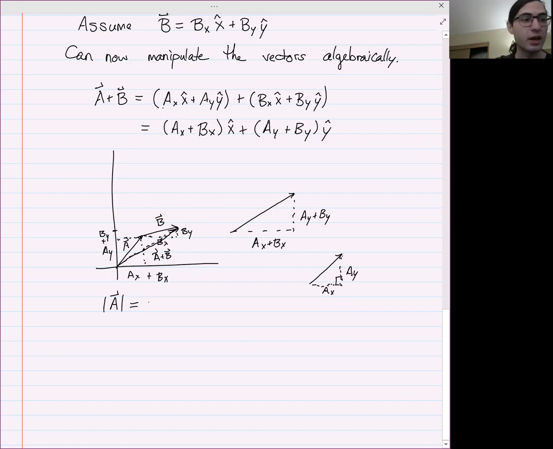So the length of A is just the square root of AX squared plus AY squared. And similarly, the length of A plus B would be the square root of AX plus BX all squared plus AY plus BY all squared.